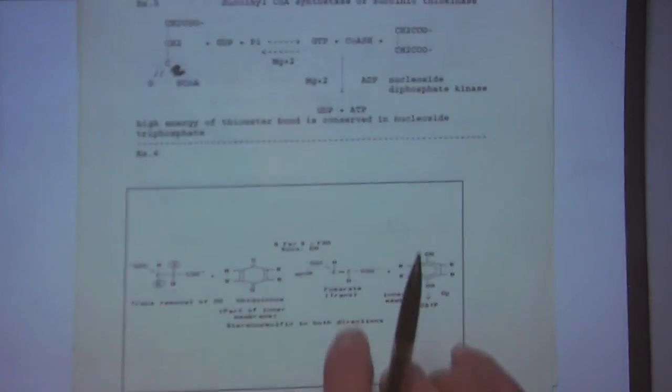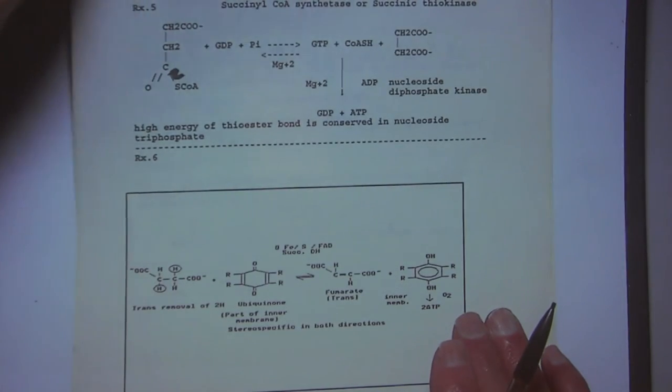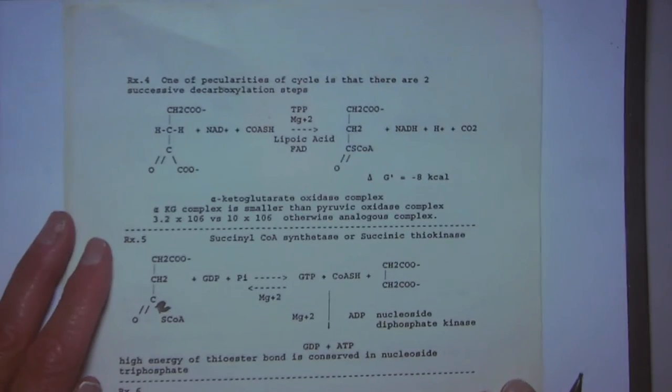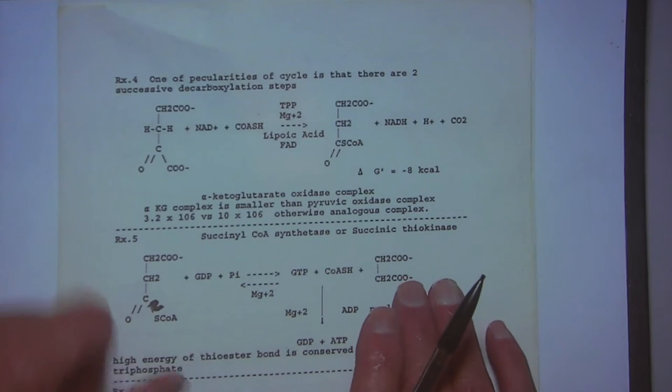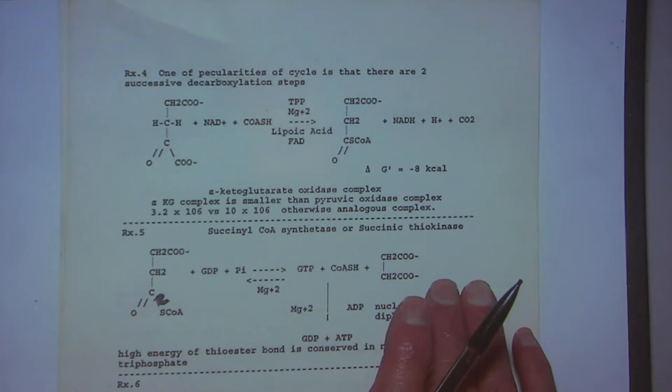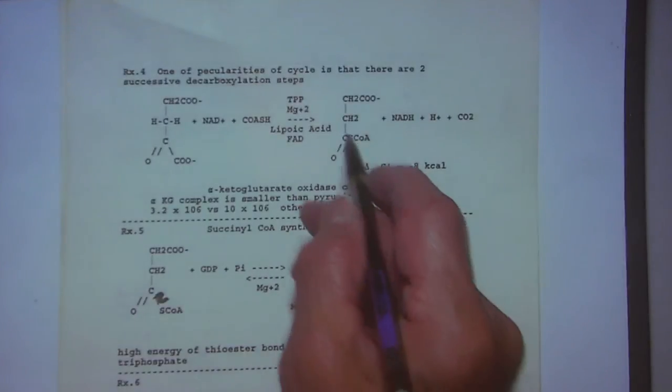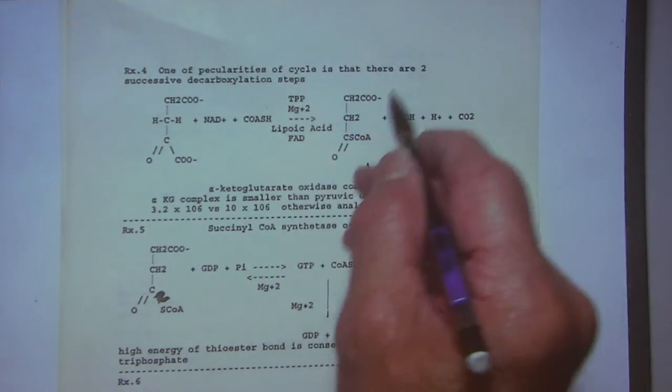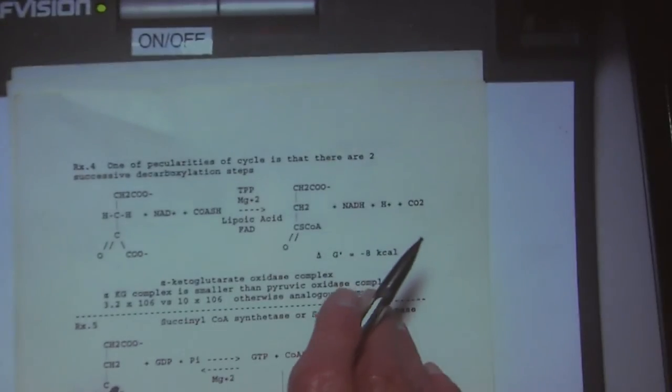Regulatory enzyme. Okay, now the next step is we have another complex of three enzymes, which we're not going to go into. These three enzymes are analogous to the pyruvate dehydrogenase complex we found. Okay, so it contains pyrophosphate, lipoic acid, and so on.